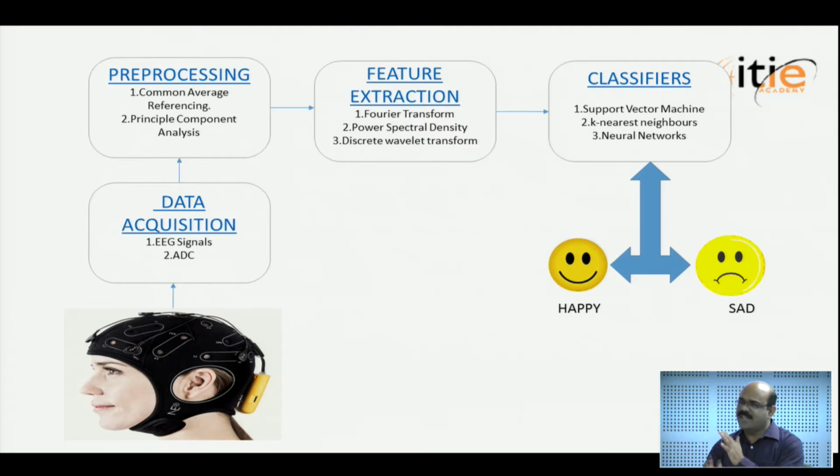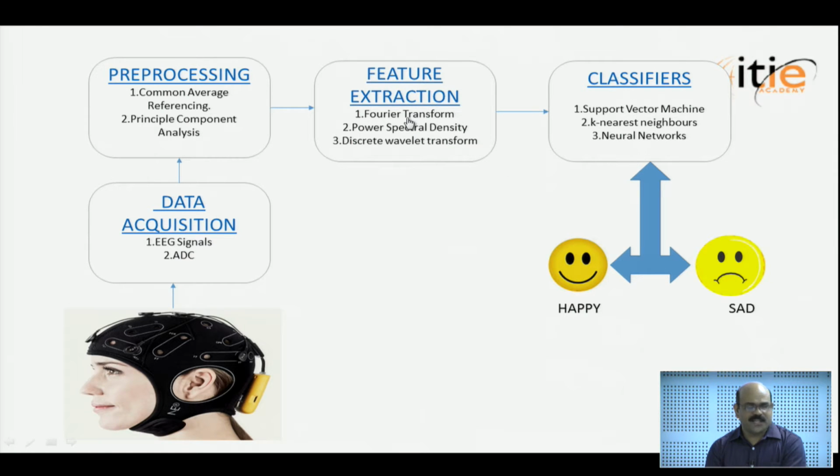Okay. So in this case study, what we did was the data acquisition and then the pre-processing. In the pre-processing we went with the principal component analysis, PCA, the covariance, and the common average referencing method.